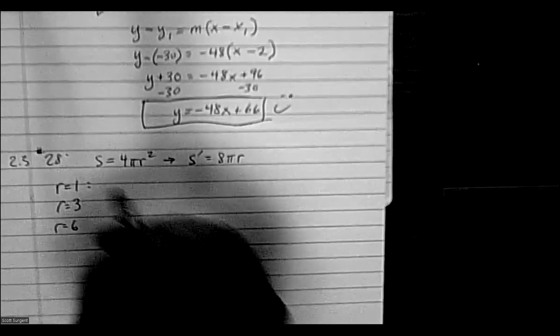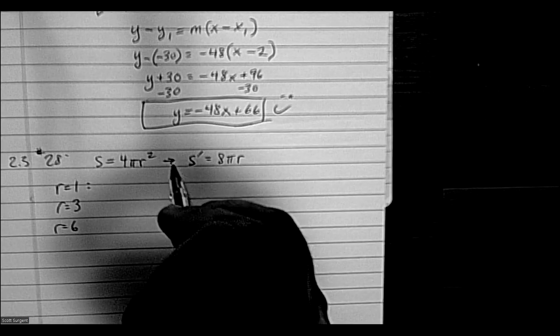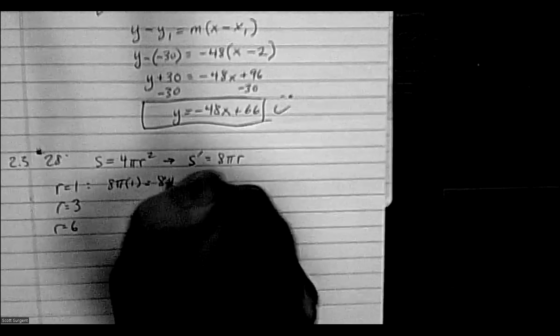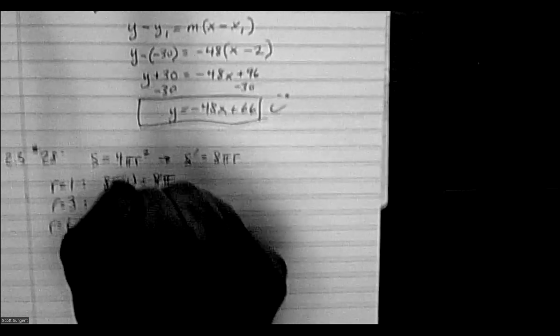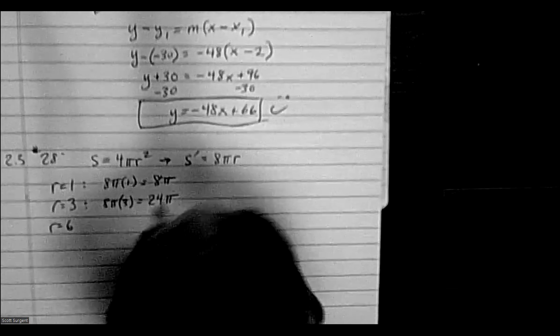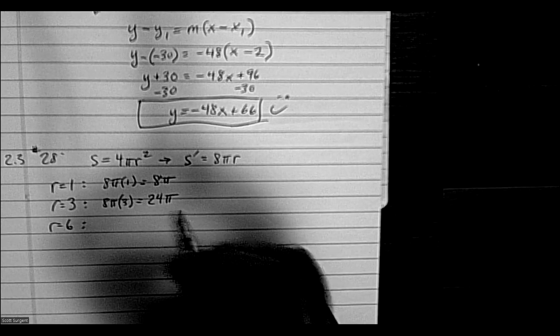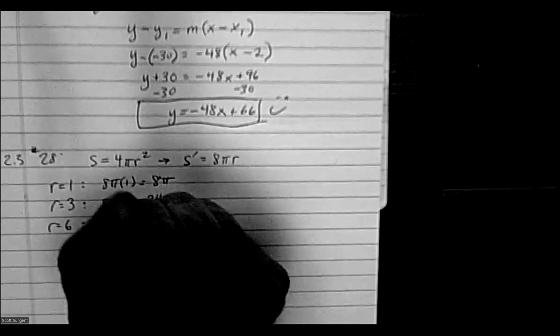And when you pop in a 1, it's going to be just 8 pi times 1, which is 8 pi. This one is going to be 8 pi times 3, which is 24 pi. This one is going to be 8 pi times 6, which is 48 pi.